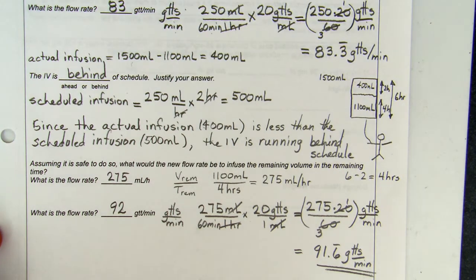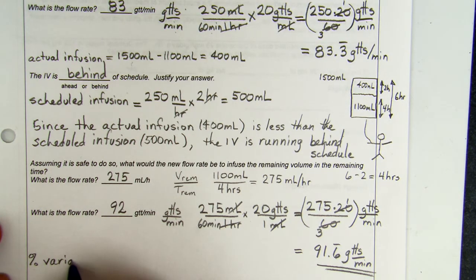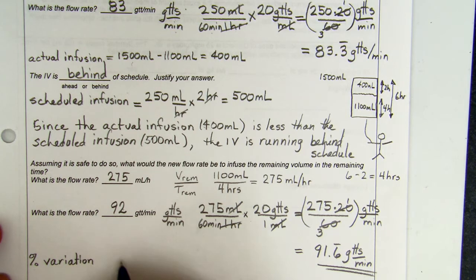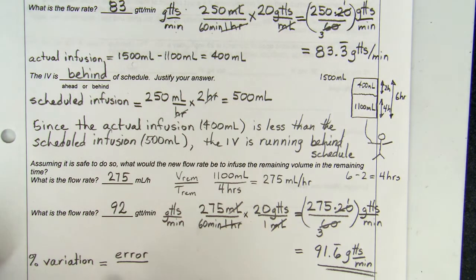So to see what action we should take next, we can calculate our percent variation, and this is the error, or how far the IV is off, going to be adjusted compared against the scheduled amount.